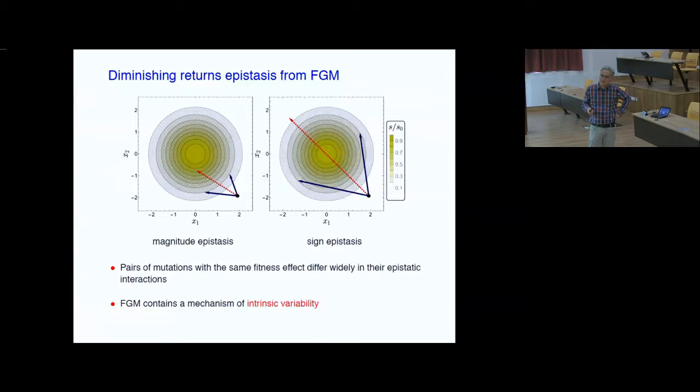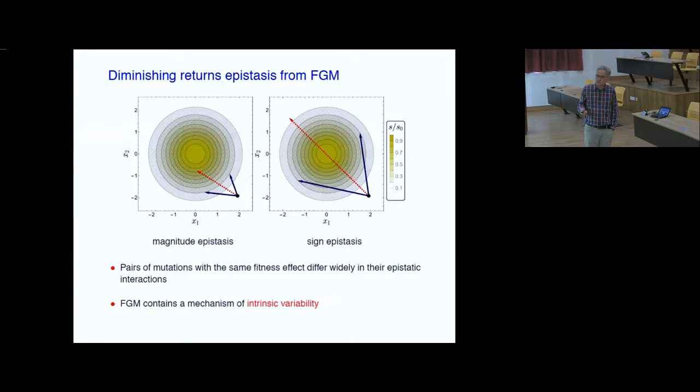The point here is that pairs of mutations that have the same fitness effect differ widely in their epistatic interaction. So this model does not predict a particular value of the epistatic interaction for a given single mutant selection coefficient, but rather a distribution. In that sense the model contains a mechanism of intrinsic variability, and that turns out to be important when you analyze the data.